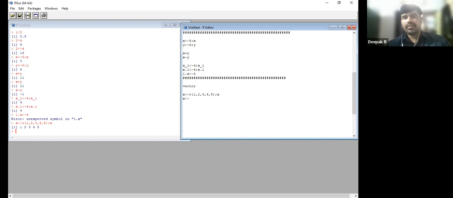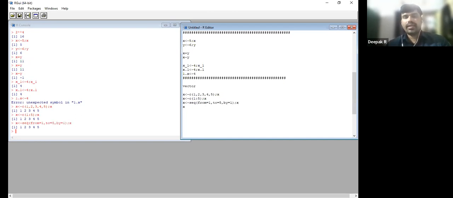Similarly, a vector of numbers or a one-dimensional array of numbers can also be created using the colon function, or we can go with what is referred to as a sequence, wherein I explicitly refer to a sequence of numbers separated by a certain value.